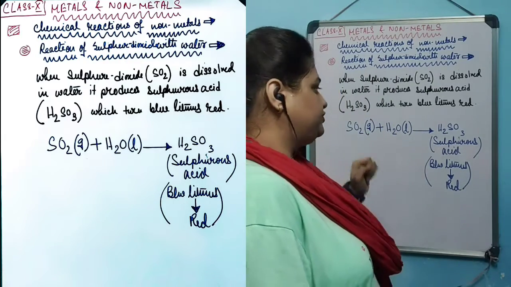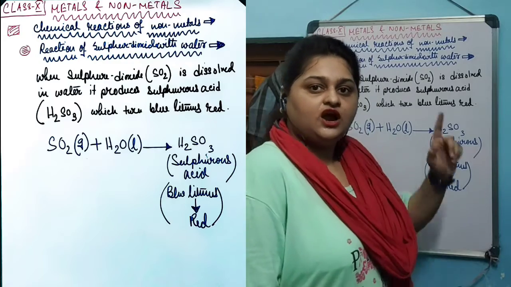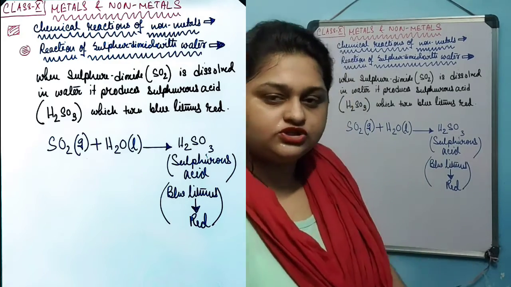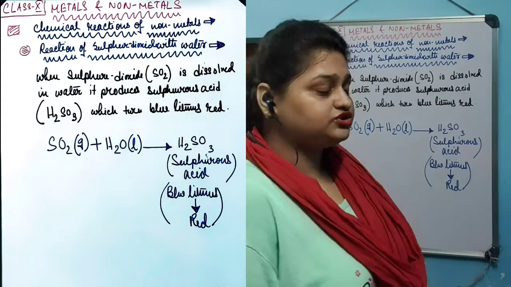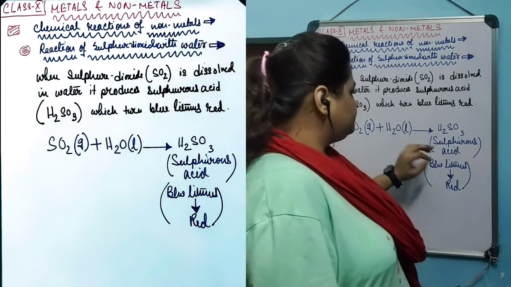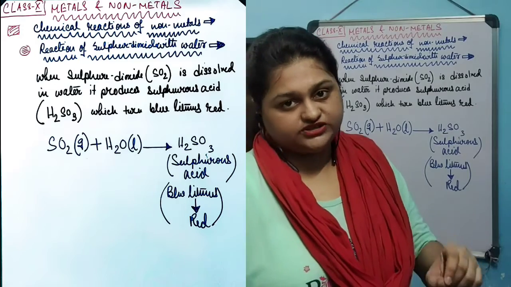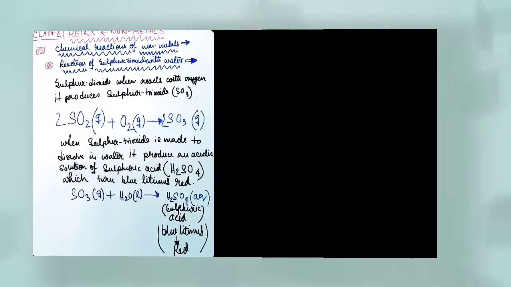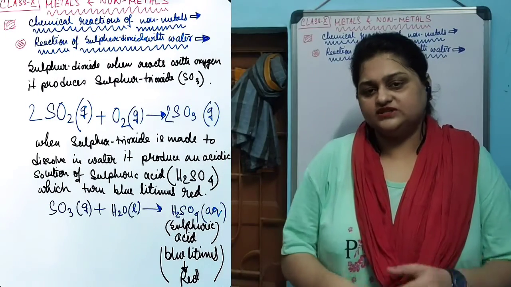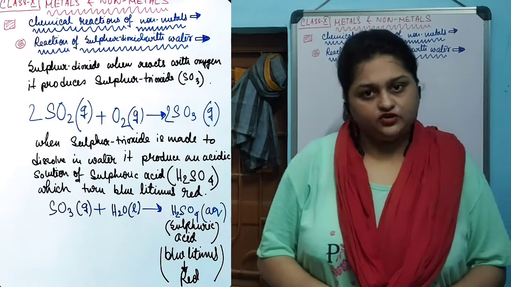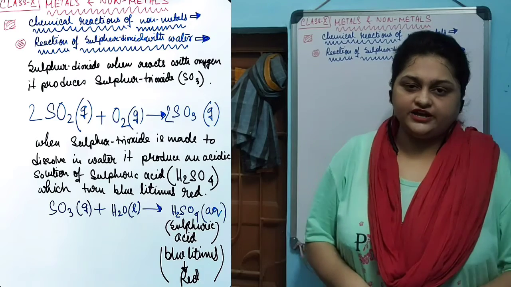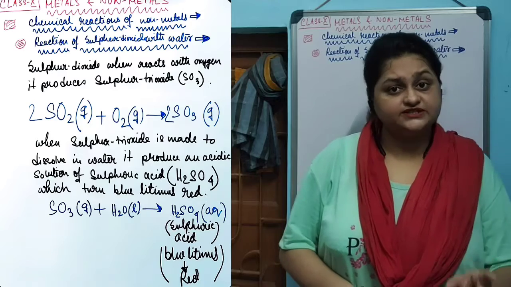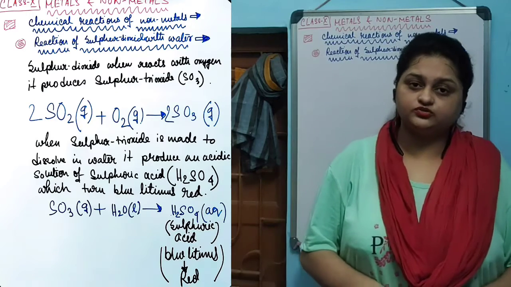This proves that the solution produced after the dissolution of sulfur dioxide in water is acidic because it produces H2SO3, which is sulfurous acid. The oxide of sulfur is sulfur dioxide. When sulfur dioxide reacts with water, it produces sulfurous acid, H2SO3.